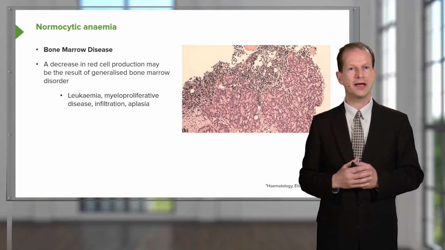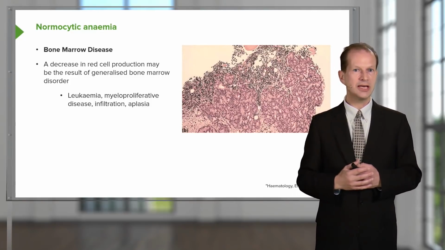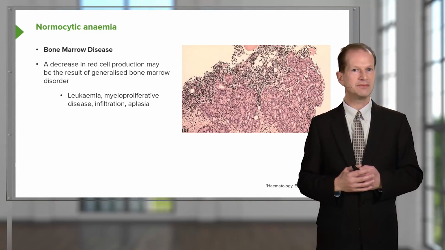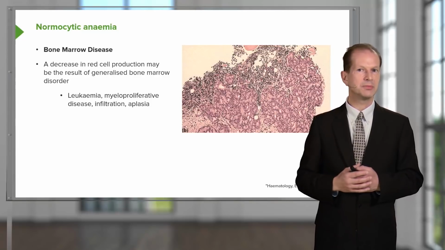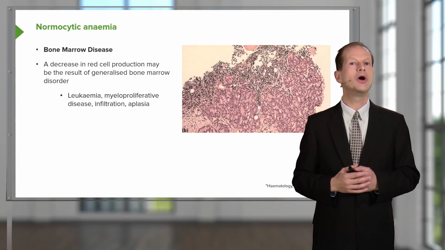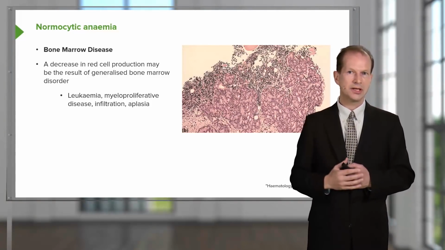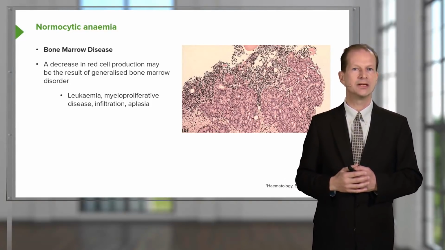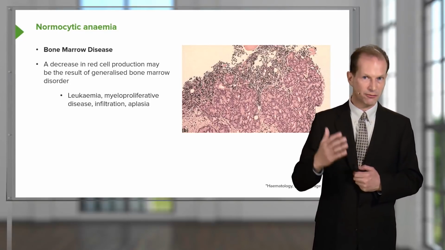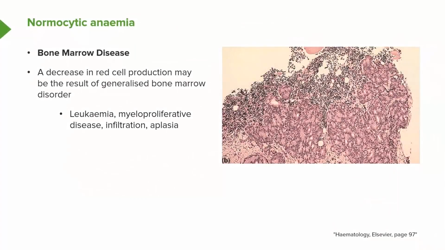I've listed some there: infiltration with leukemia, myeloproliferative disease, infiltration with carcinoma, or aplastic anemia. On the right, you'll see a trephine biopsy of a bone marrow, and I don't know if you can recognize yourself, this is a difficult slide, of what that may be, but in fact that pink tissue is metastatic carcinoma, and that was leading to anemia in this patient.